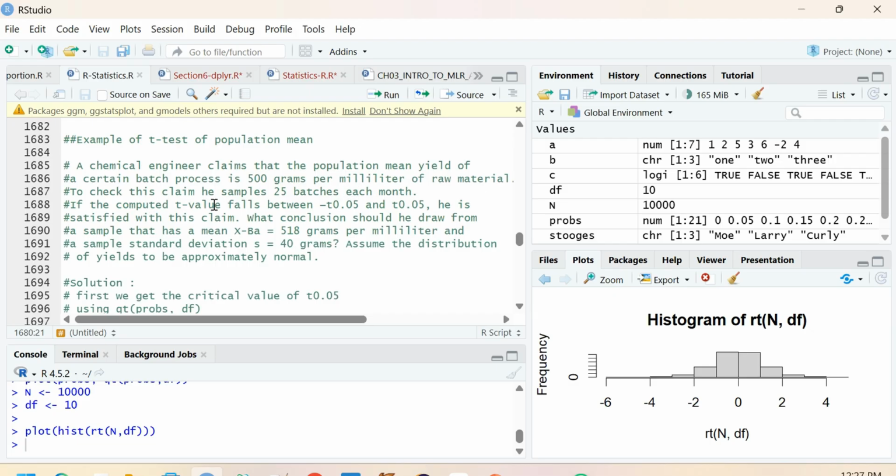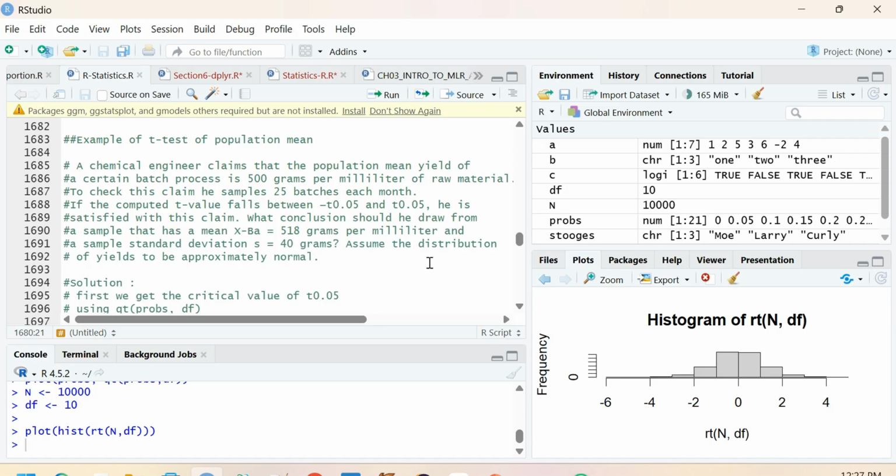To check this claim, he samples 25 batches each month, and if the computed t-value falls between minus t0.05 and t0.05, he is satisfied with this claim. So what conclusion should be drawn from a sample that has a mean x bar equals 518 grams per milliliter and a sample standard deviation s equals 40 grams?